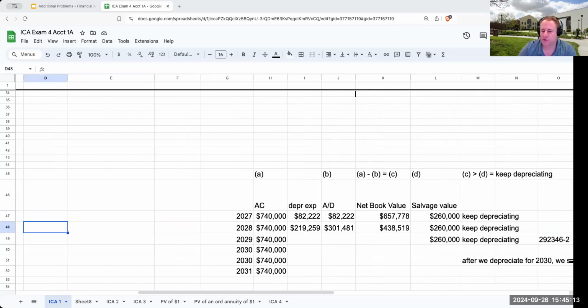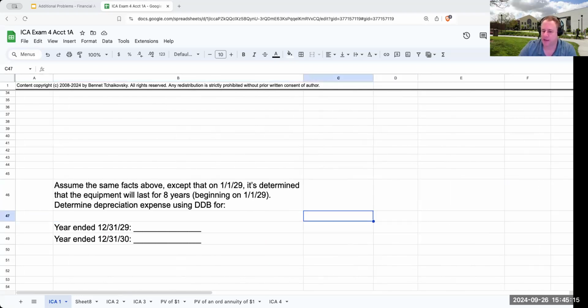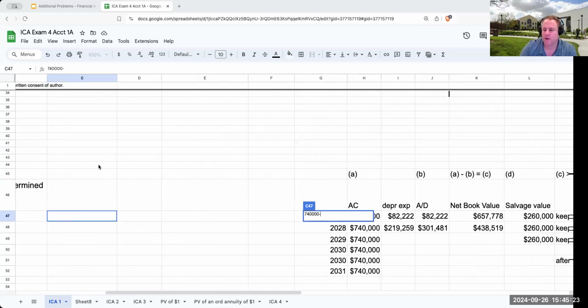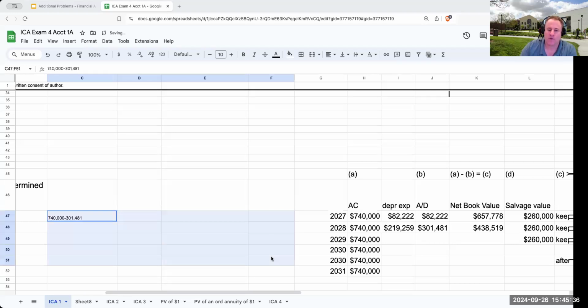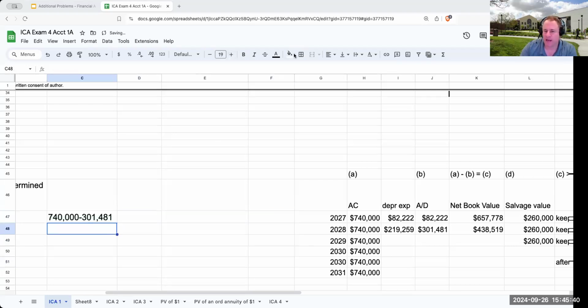So we're going to use the new information. Let's go through and do this. We have 740,000 minus the accumulated depreciation, which was 301,481, the accumulated depreciation as of 12/31/28. Again, we're not changing any of the past. We're only going to change things in the future.